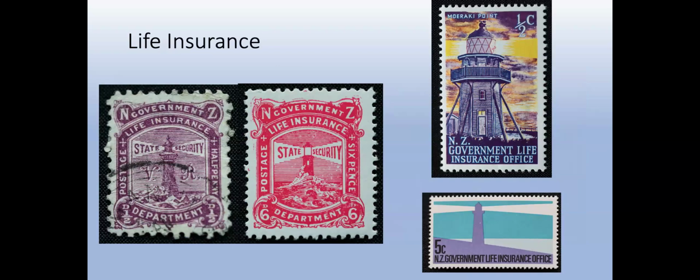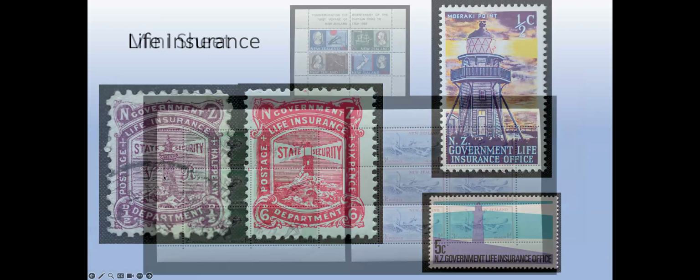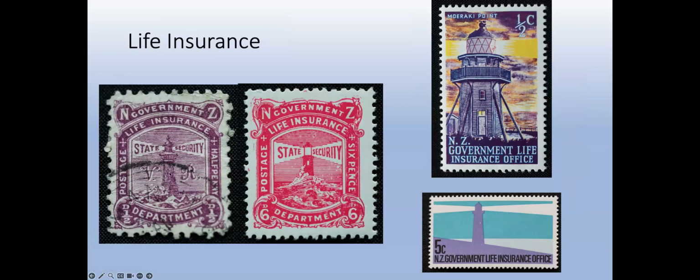Life insurance stamps, they come from the government life insurance department. In 1891, they produced the stamp on the left, and if you'll notice, it has the VR for Victoria Regina.